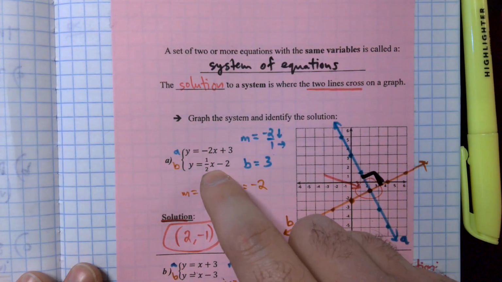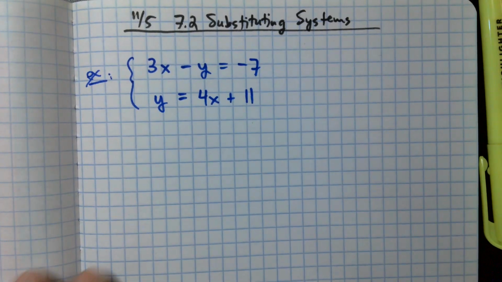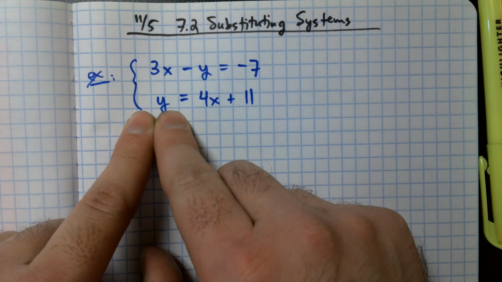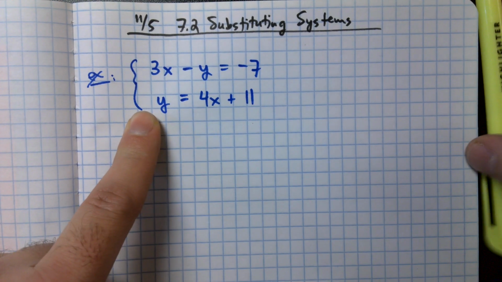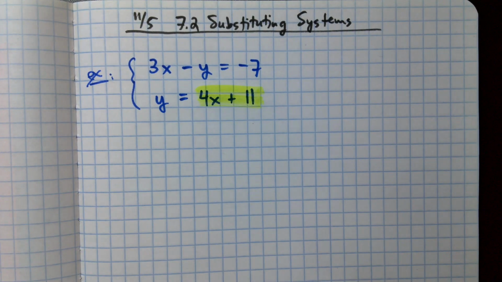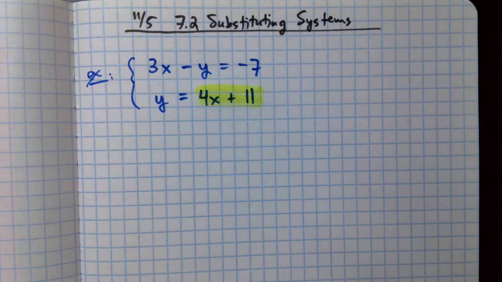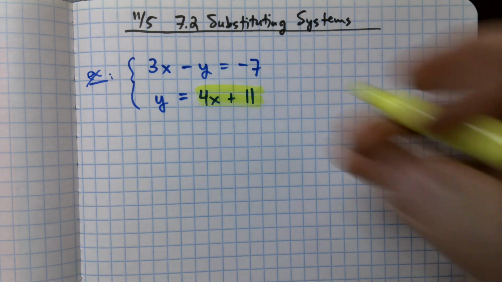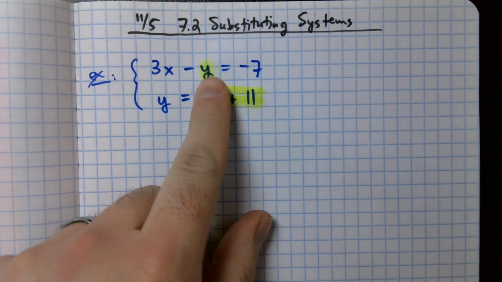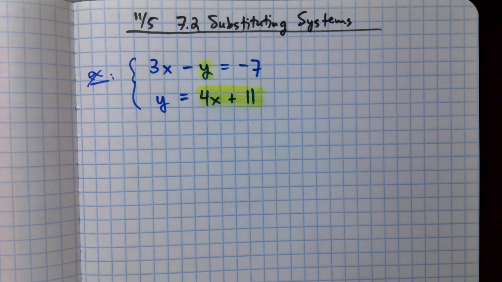So this x is the same as this x, and this y is the same as this y. So if I know that y is equal to 4x plus 11, I can take that expression and substitute it in for the y in my second equation. You'll see what I mean?